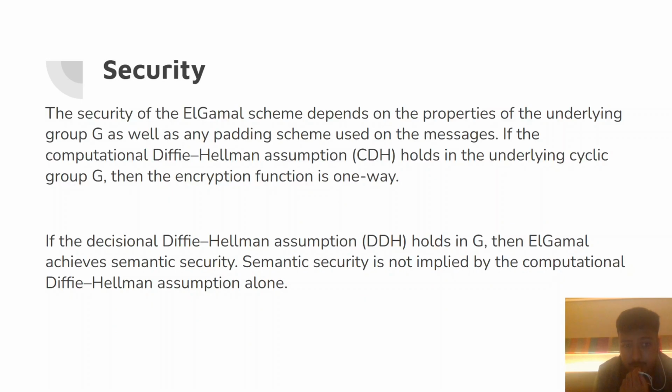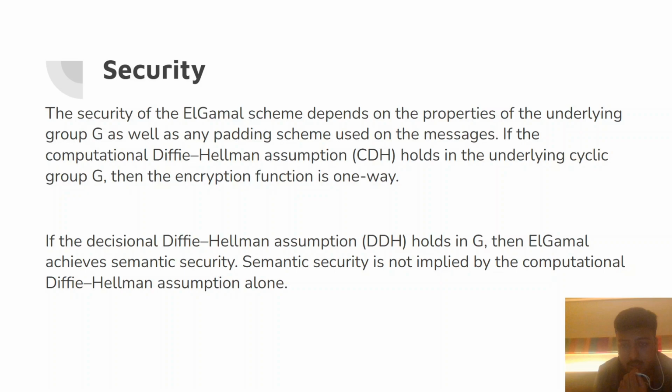The security of the ElGamal scheme depends on the properties of the underlying group capital G, as well as any padding scheme used on the messages. If the computational Diffie-Hellman assumption, or CDH assumption, holds in the underlying cyclic group G, then the encryption function is one way.